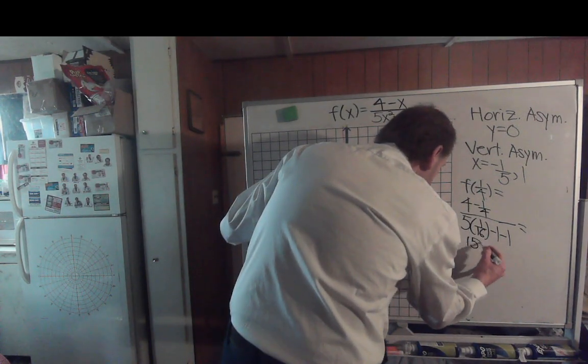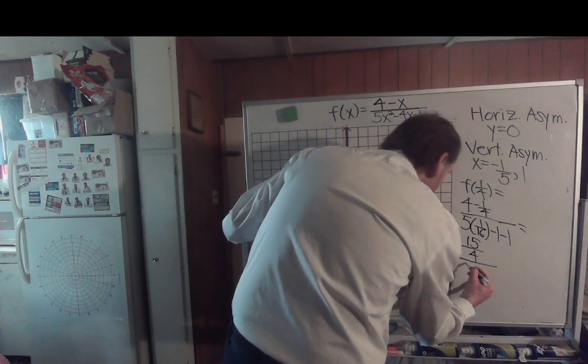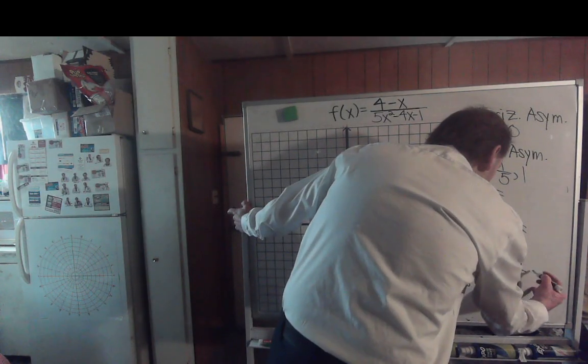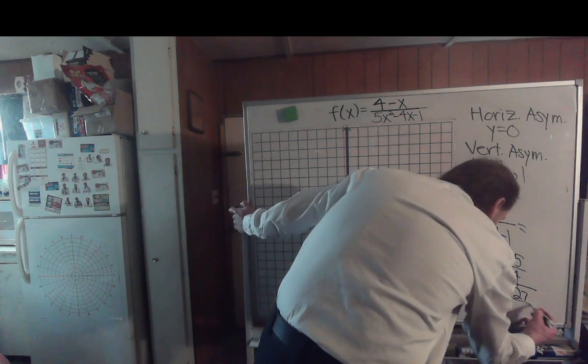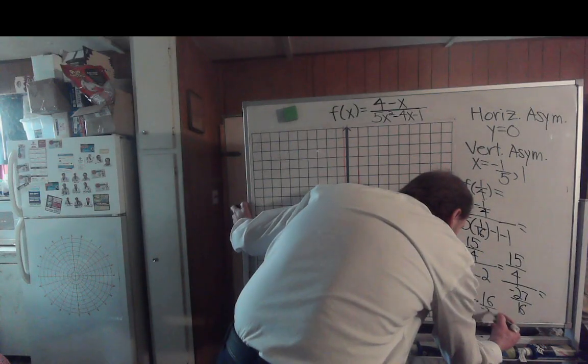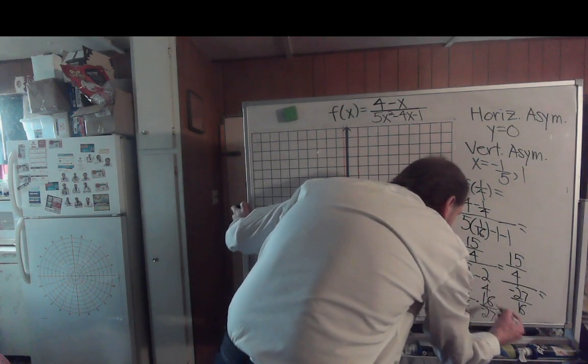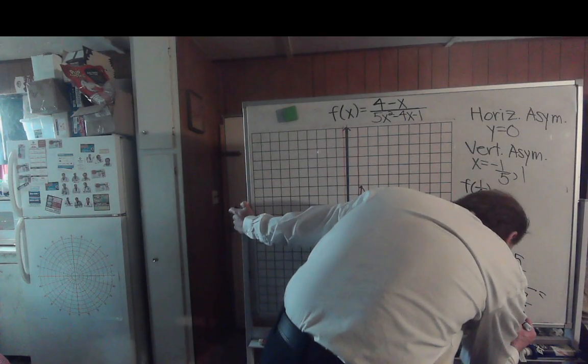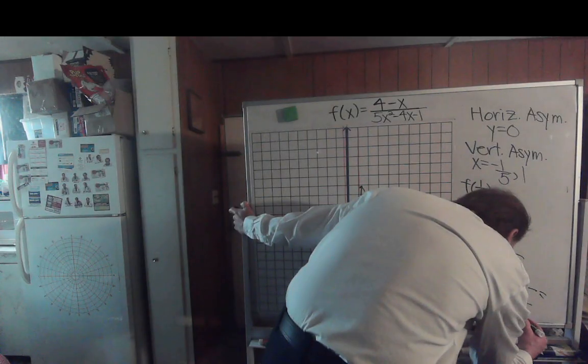That would be equal to 15/4 all over 5/16 minus 2, which would end up giving you 15/4 all over negative 27/16, which would end up giving you 15/4 times 16 over negative 27, which would end up giving you negative 60 over 27, which both divide by 3.